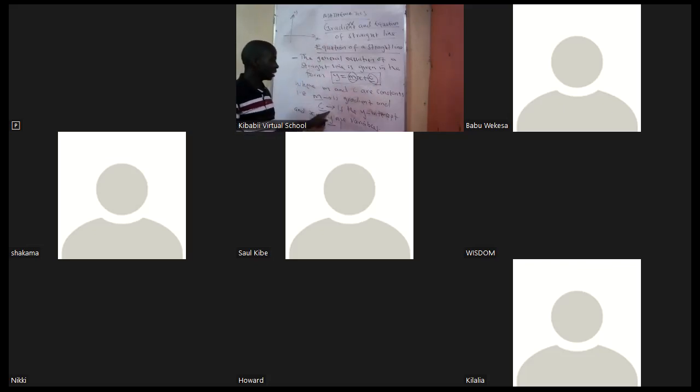C is the y-intercept. And this reminds me that in the same topic, we mentioned the x and y-intercepts. If this is a straight line, when you talk about the x-intercept, we are looking at where the line cuts the x-axis, a point where y is equal to 0.